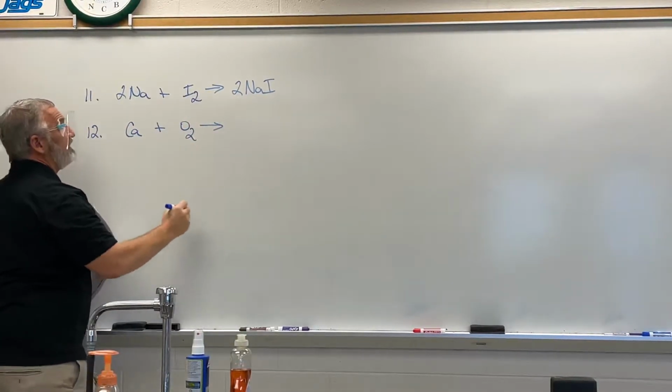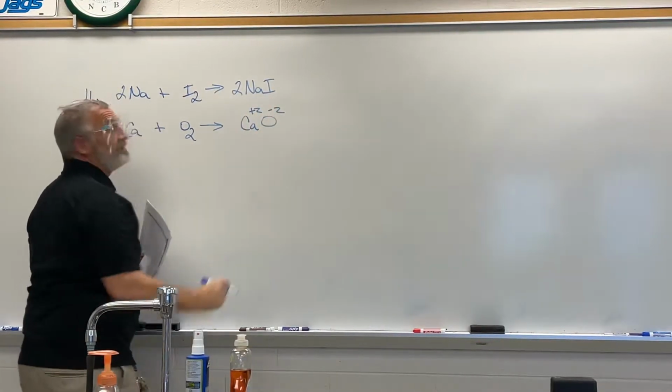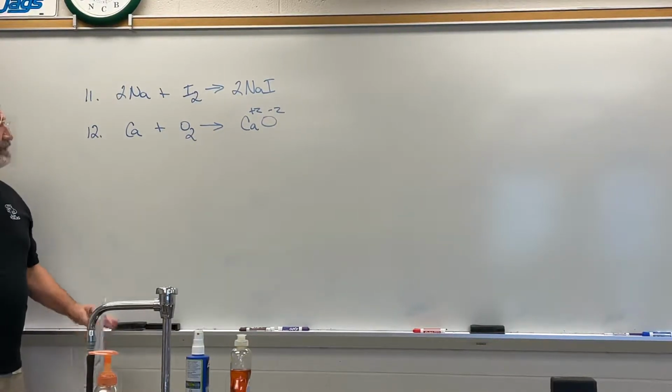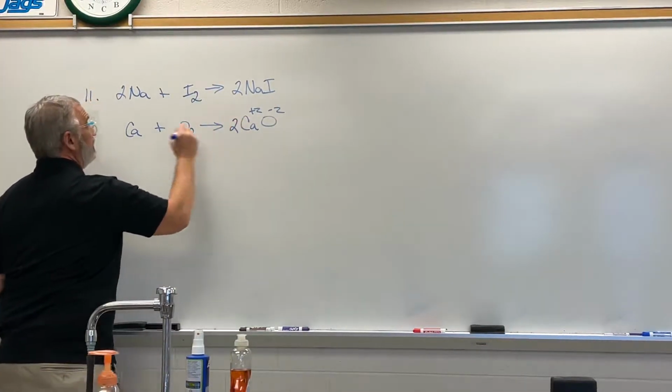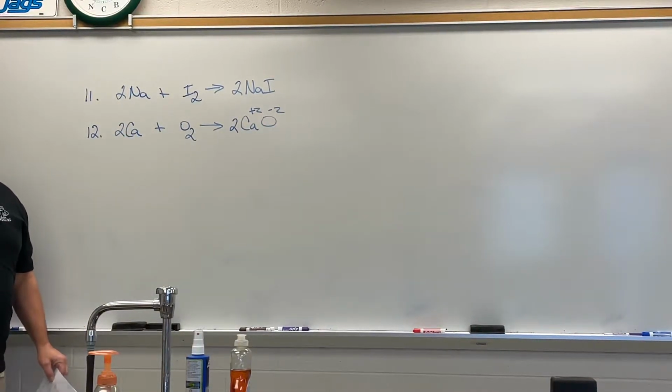Again, calcium's +2, oxygen's -2, so it's just going to be CaO. But now we balance it by putting a 2 and a 2. Balance charge first with subscripts. Balance atoms last with coefficients.